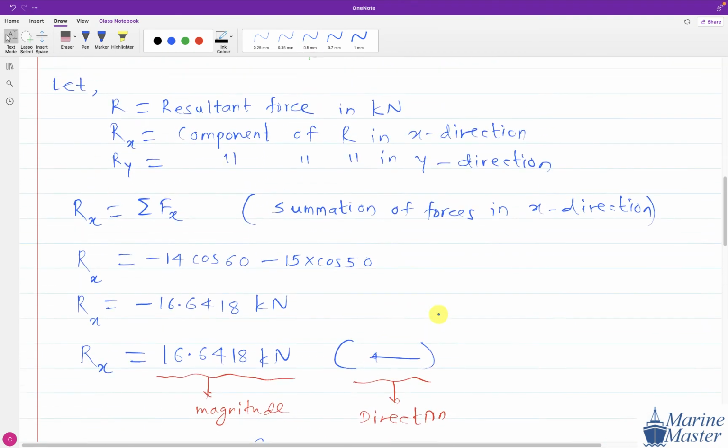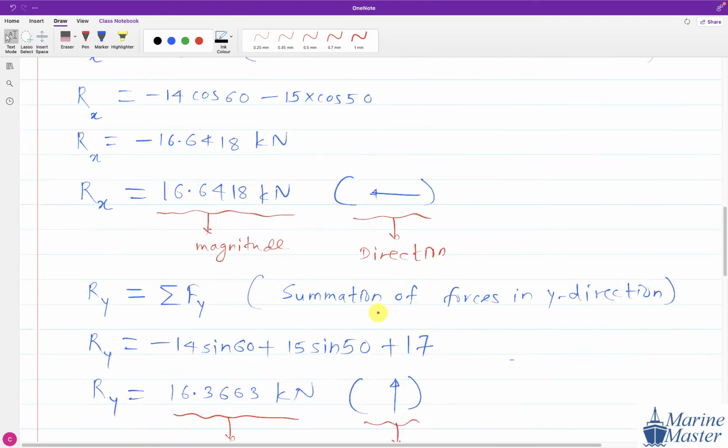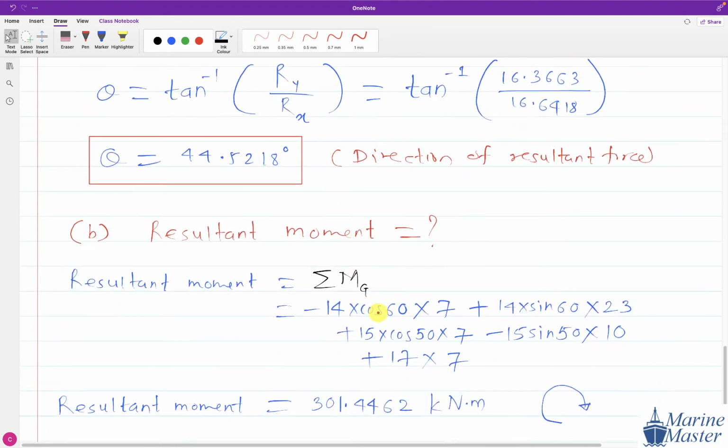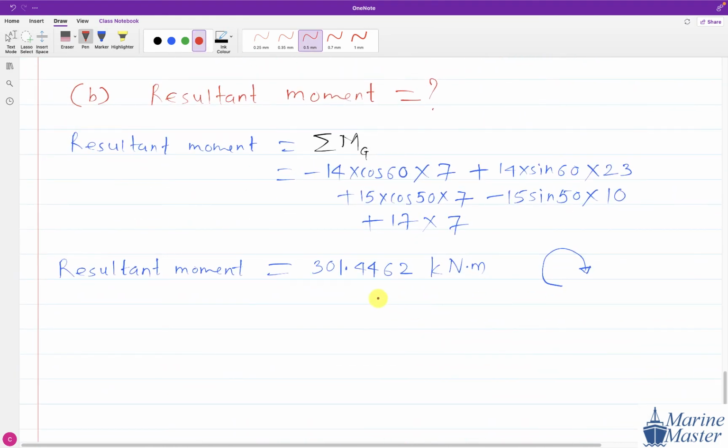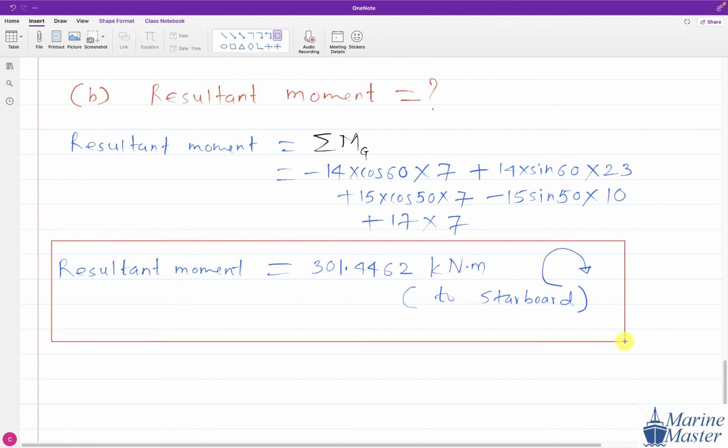Clockwise means the ship is turning like this: the aft part is going towards the port side and the forward part towards the starboard side. So the ship is turning towards starboard. Are you getting my point? Any doubt in this discussion? No, sir.